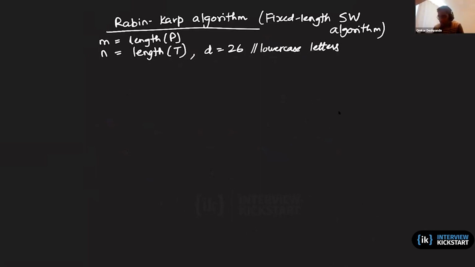These are the three things we need to pre-compute. So I'm just going to state here that we have a temporary value which is d to the power m minus 1 mod q.